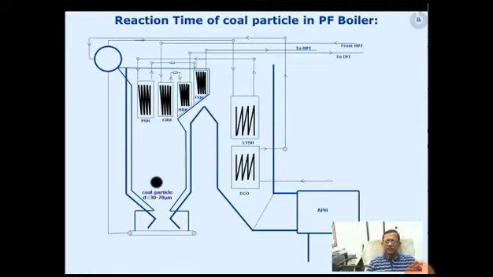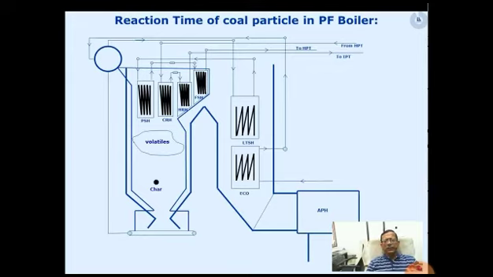Now the furnace has high temperature, so the instant it comes inside the furnace, the first thing that happens is that the volatile matter and the moisture go out of the fuel. That is called devolatilization. What remains, after the volatile matter and the moisture are removed, is char, right?